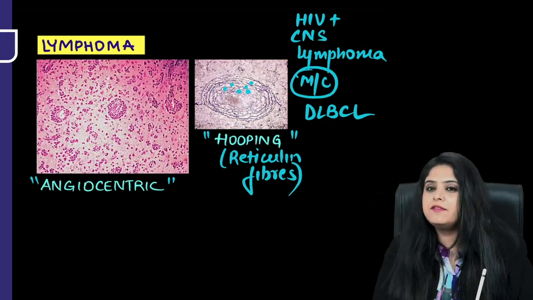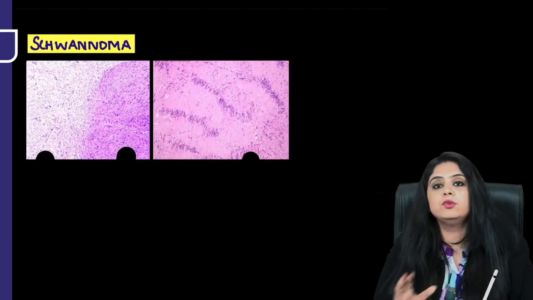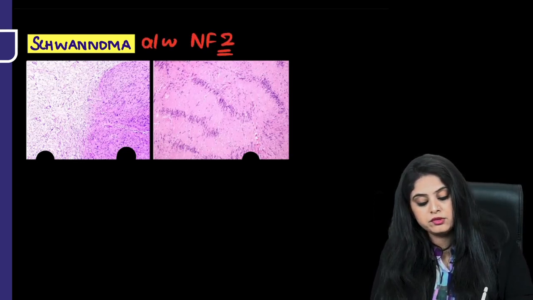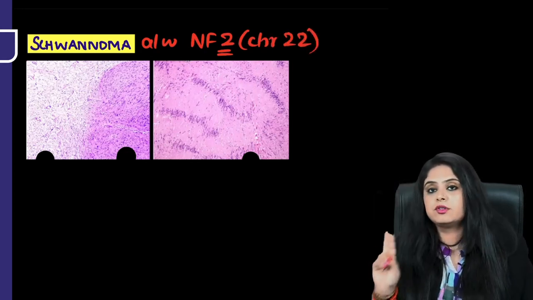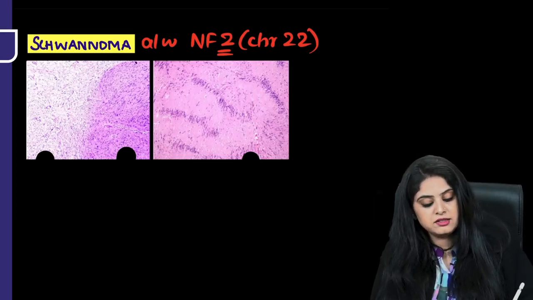Now moving a little away from brain, something that can happen in any part of the nervous system is the most famous schwannoma. And we all know that this is very frequently associated with neurofibromatosis 2, chromosome 22. How do I identify it? I noticed that this part of schwannoma has a lot of cells.